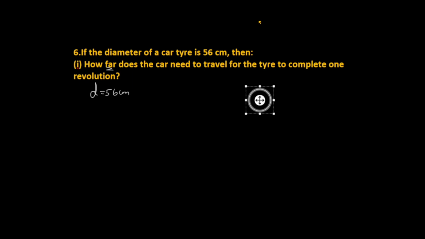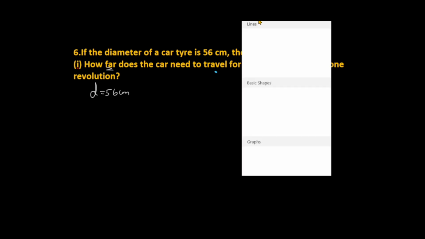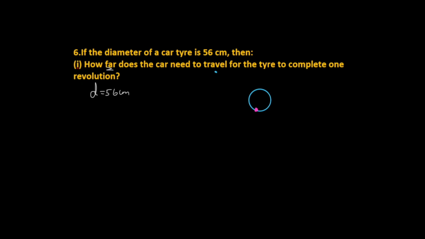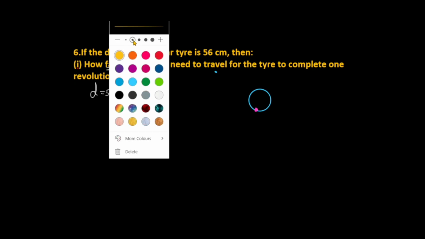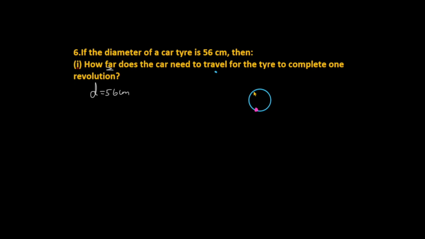Say this is the tire of the car. So if I am fixing a point here, say this is the point I am going to fix. Now the car is going to rotate in this path.